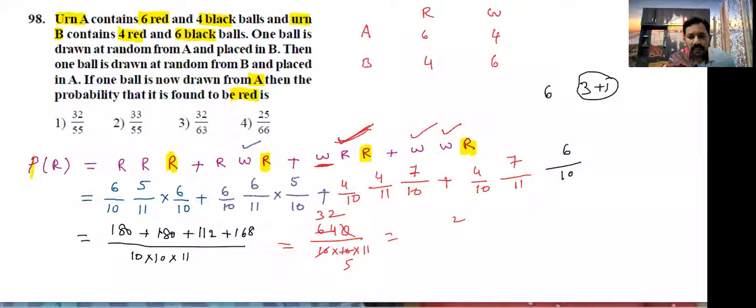So the answer is 32 by what? 55. 32 by 55. So which option is correct, students? First option correct.